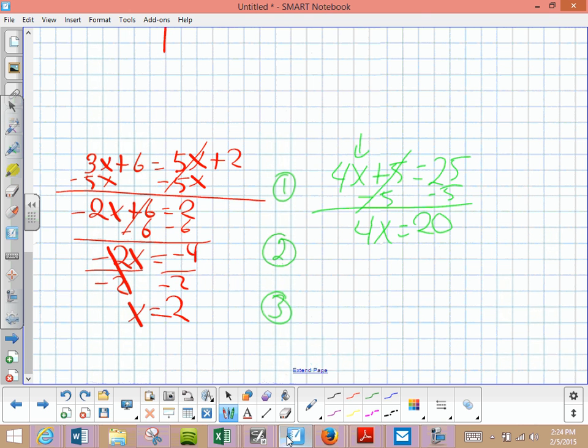Is the x alone? What is the x and the 4 doing? We're already on step 3, and step 3 tells me what to do. It says you either multiply or divide. What is the opposite? What would you divide by? And that leaves me with the x by itself. What is the answer? 5.